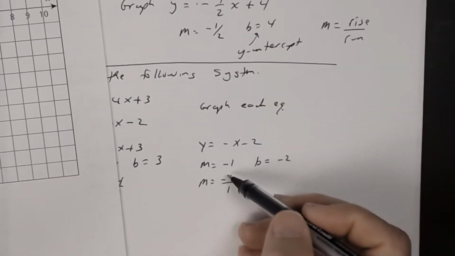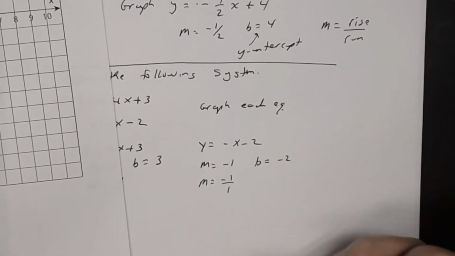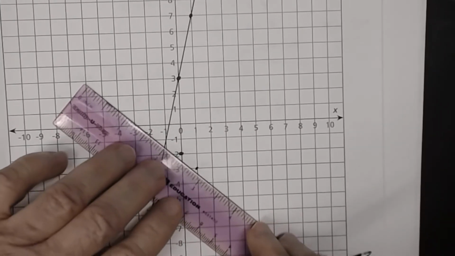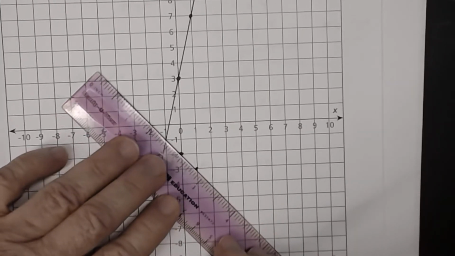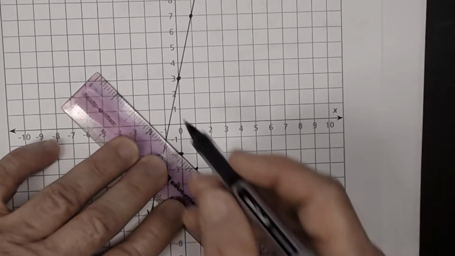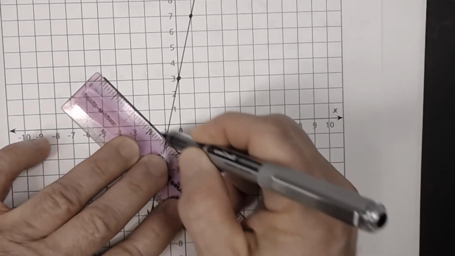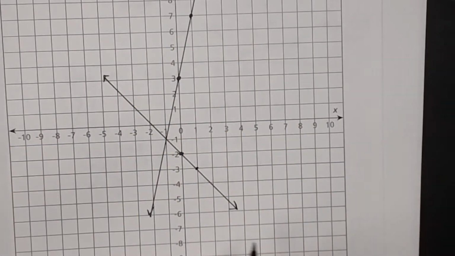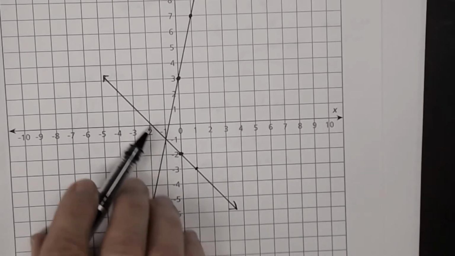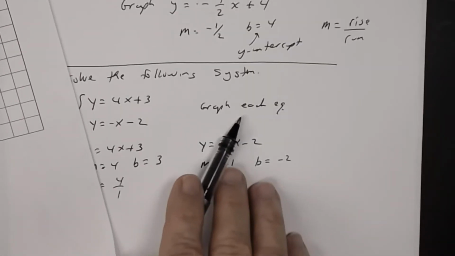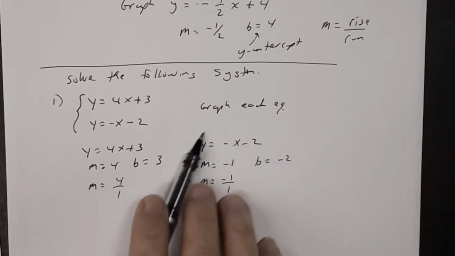So rise is negative, I go down. Run is positive, I go to the right. And then I'm going to graph that line through those 2 points. And I get something that looks like this. All right? So this line, I just graphed the solutions to this equation.